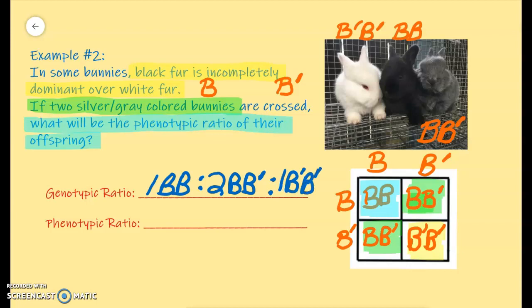Now, normally, if this was basic dominance, we would expect to see this individual and these two both having the dominant trait, but that doesn't apply here because we got to take into account incomplete dominance.